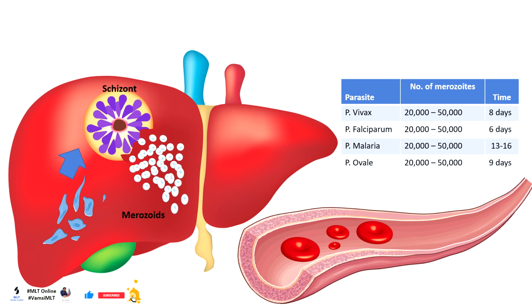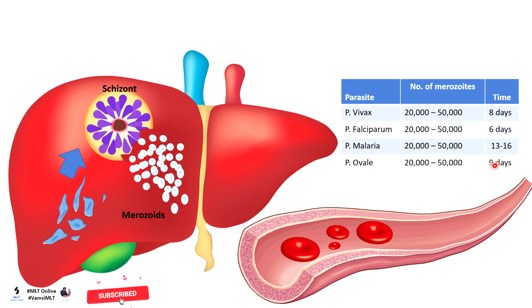For example, P. vivax releases 20,000 to 50,000 within 8 days, whereas falciparum is 20,000 to 50,000 within 6 days. Plasmodium malariae is 20,000 to 50,000 and their time is 13 to 16 days. And ovale is 20,000 to 50,000 merozoites released per schizont within 9 days.